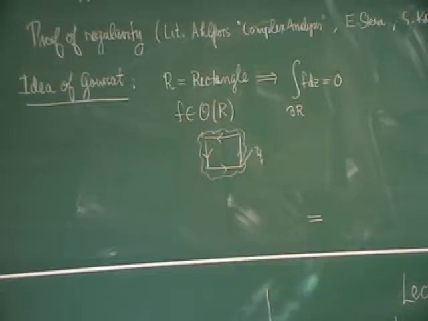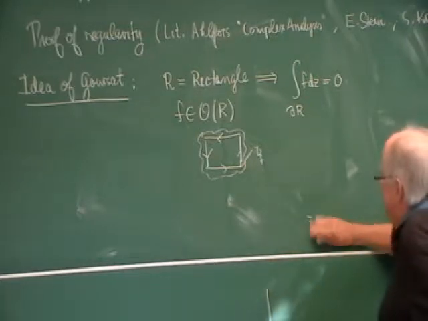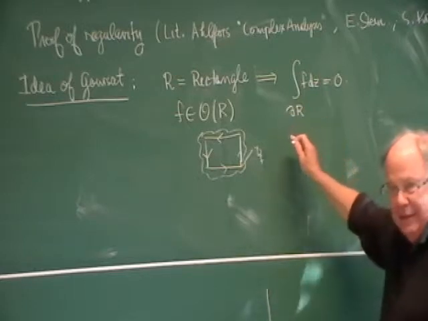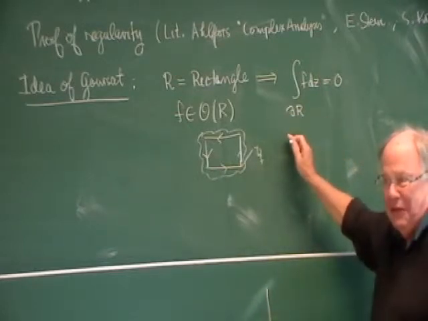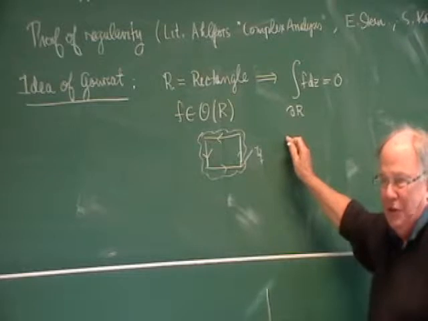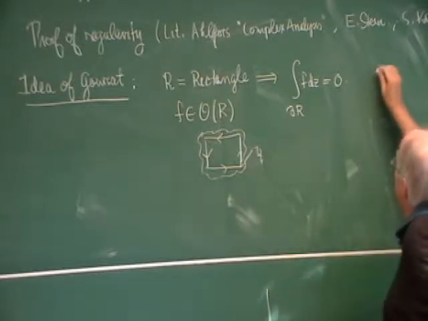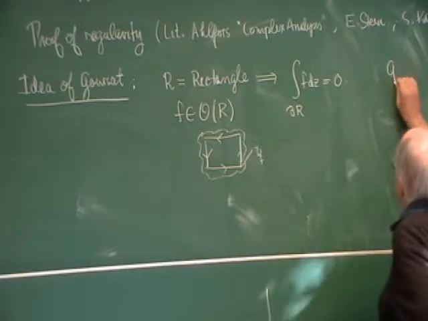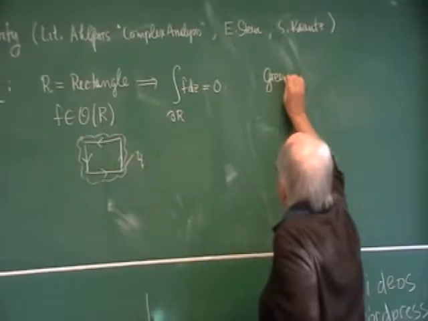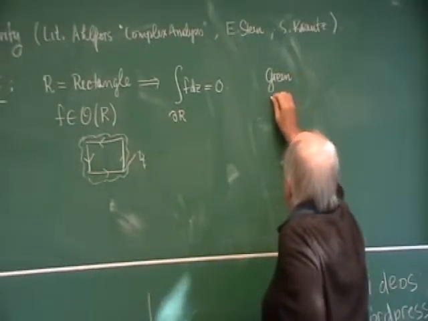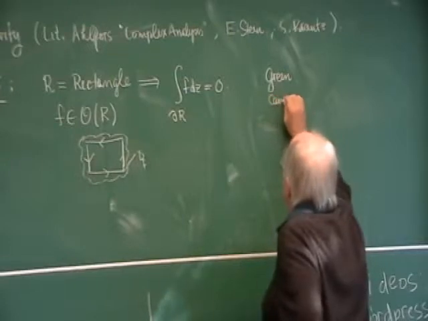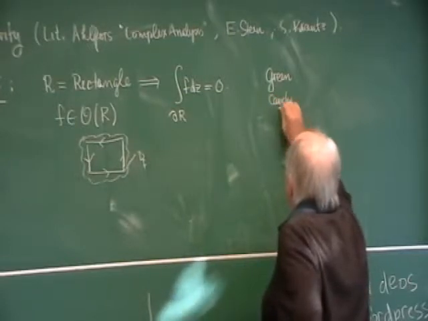Why on earth does that have to do with regularity? First of all, what does this mean? This is very mysterious. But if you know the history of this subject, you know that this is not mysterious at all. The history of this subject goes back to physics, to Green, and then, of course, to Cauchy, and so on.